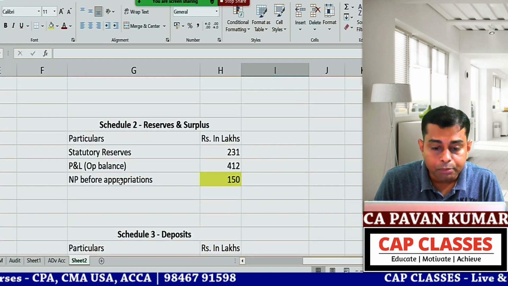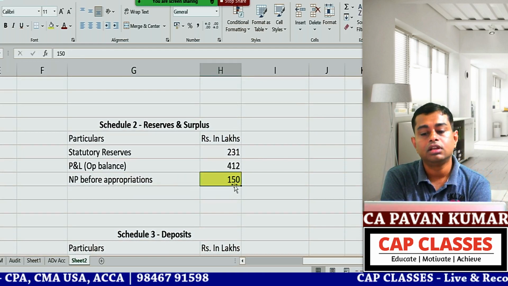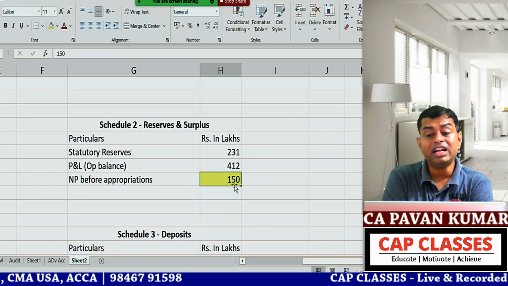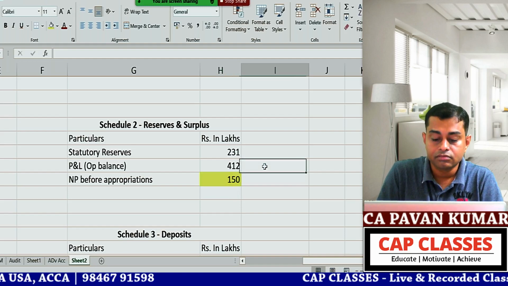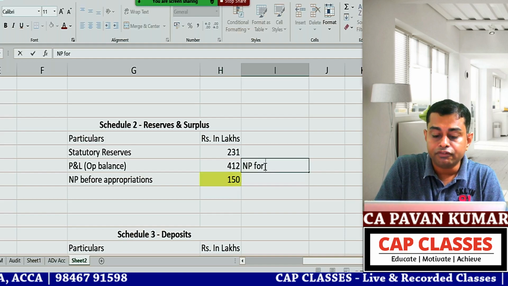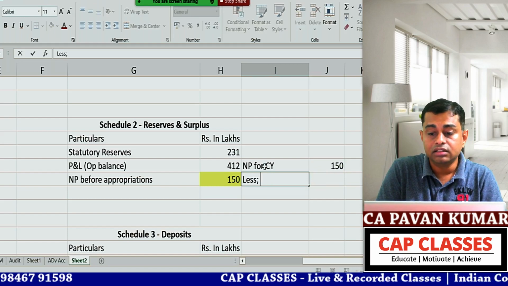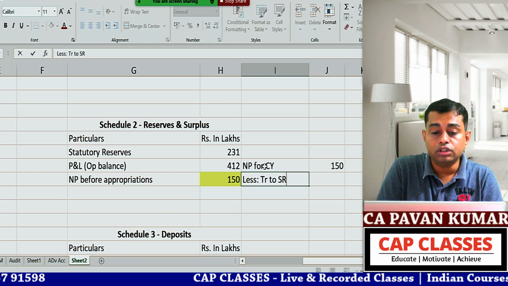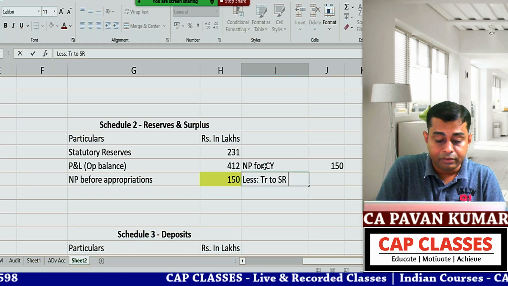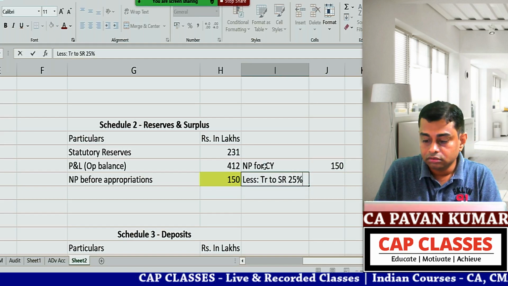So here net profit before appropriations, how much? 150. From that you need to subtract 25%. So net profit for current year, how much? 150 less transfer to statutory reserve 25%. How much?